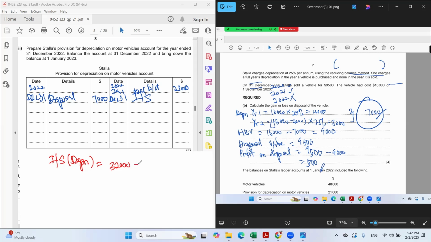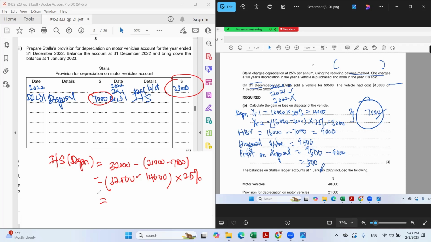Based on the current year, after disposal, from 21,000 after taking out this one, how much is the balance of the accumulated depreciation? So 21 minus 7, we get 14,000. So for the current year depreciation, you have to calculate 25%.